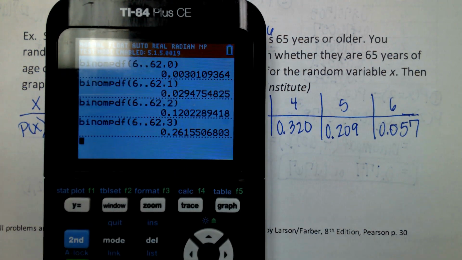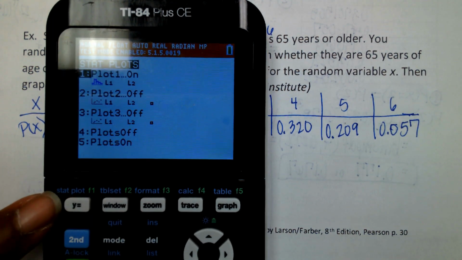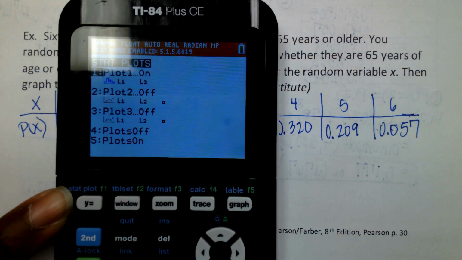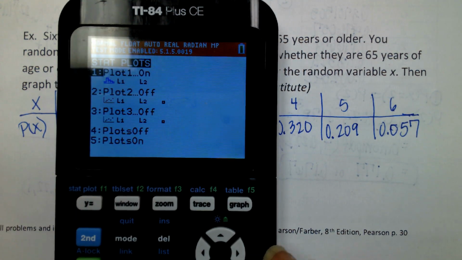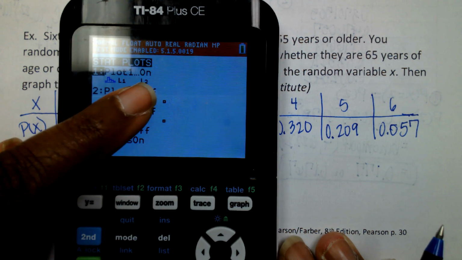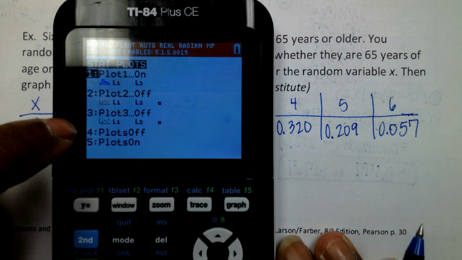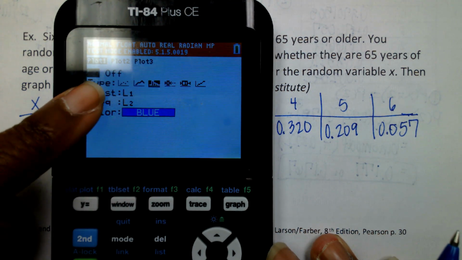Second mode to get out, you'll always reset with second mode. Second y equals, because we want to graph. Stat plot. Remember, this is the algebraic calculator, but we normally use the stats. My stuff is on. I have my histogram, my L1, L2, everything is on, but if you don't have it on, hit enter. Turn it on.